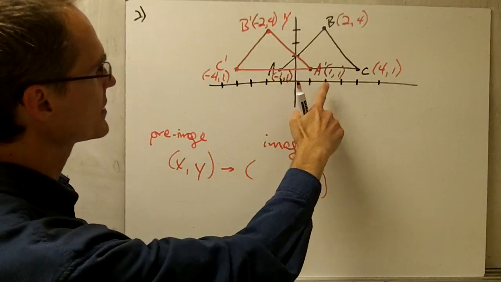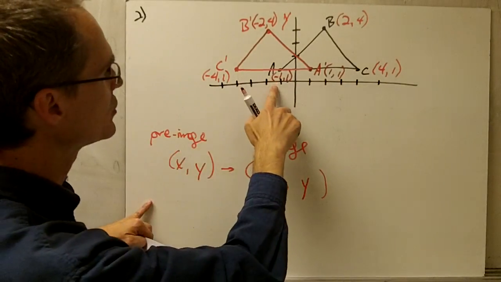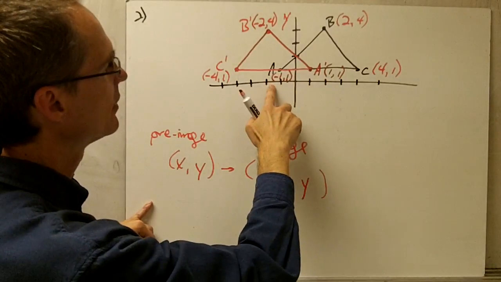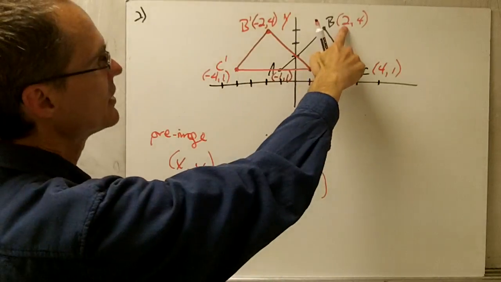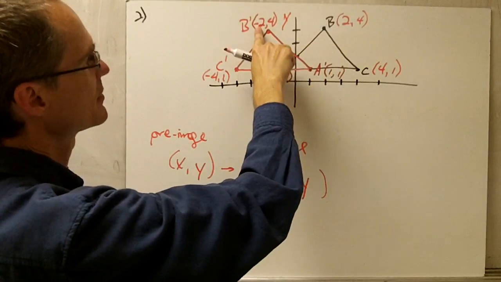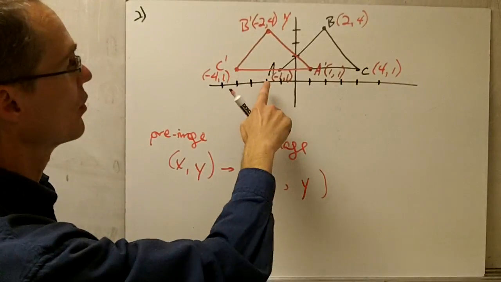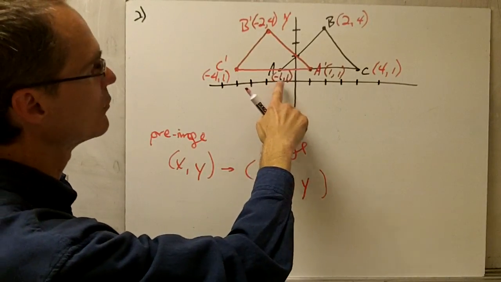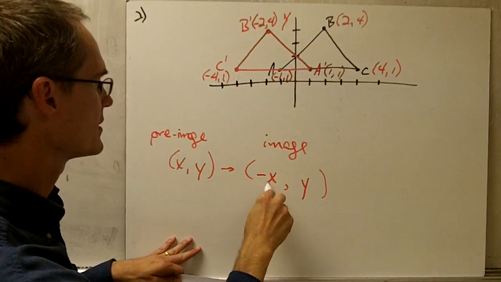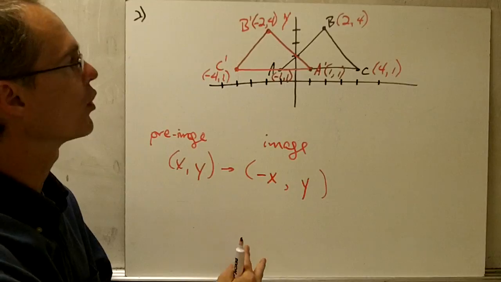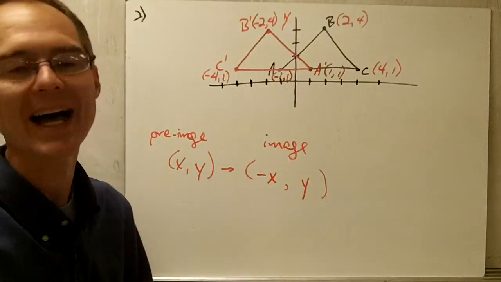My x coordinates for my pre-image all become the negative of whatever they were. So B started out as a +2, it becomes a -2. C started out as a +4, it becomes a -4. A started out as a -1, and A prime becomes a +1. So there is my algebraic rule for reflecting an object through the y-axis.